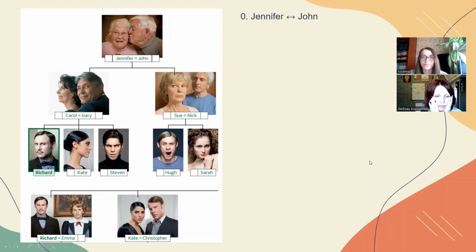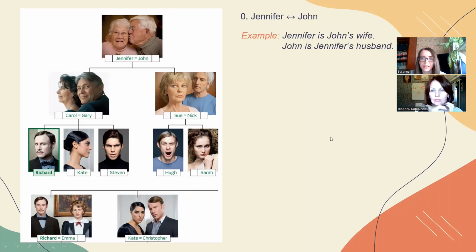So, for example, Jennifer and John. What can you say about them? Jennifer is John's wife, and John is Jennifer's husband. Okay. Next one is Jennifer and Richard. Jennifer is here and Richard is here.